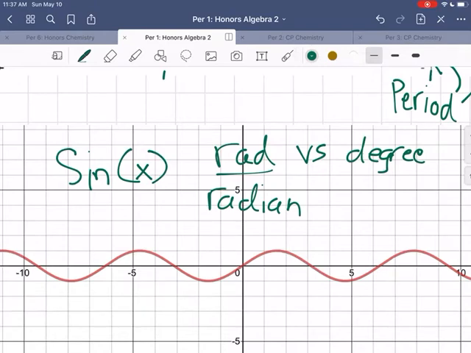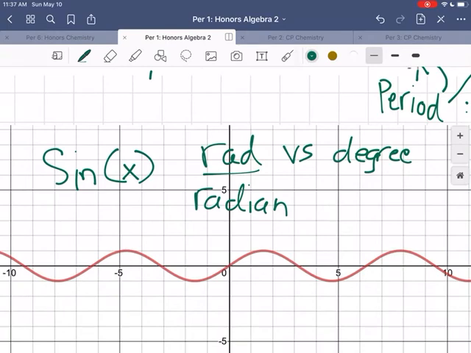And what a radian is, instead of talking about the length of a period in terms of a degree, where a degree goes from 0 degrees all the way up to 360 degrees, a radian works in terms of pi.